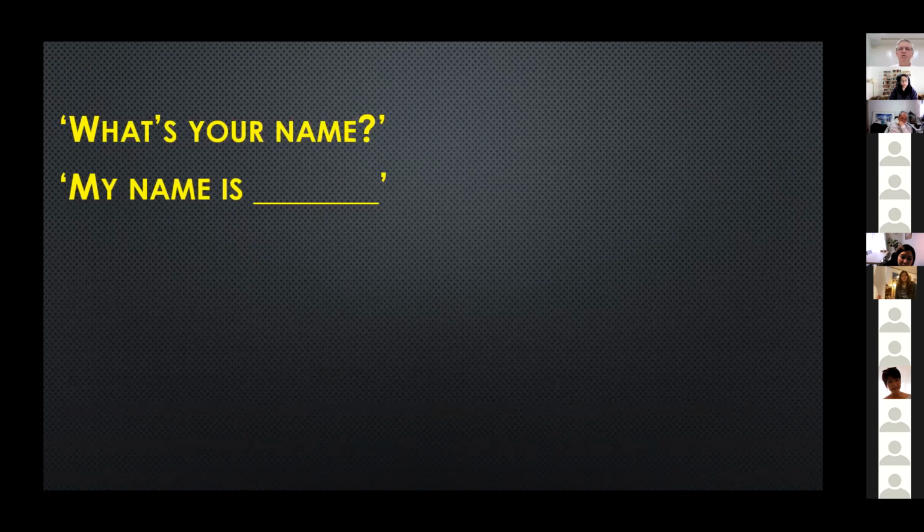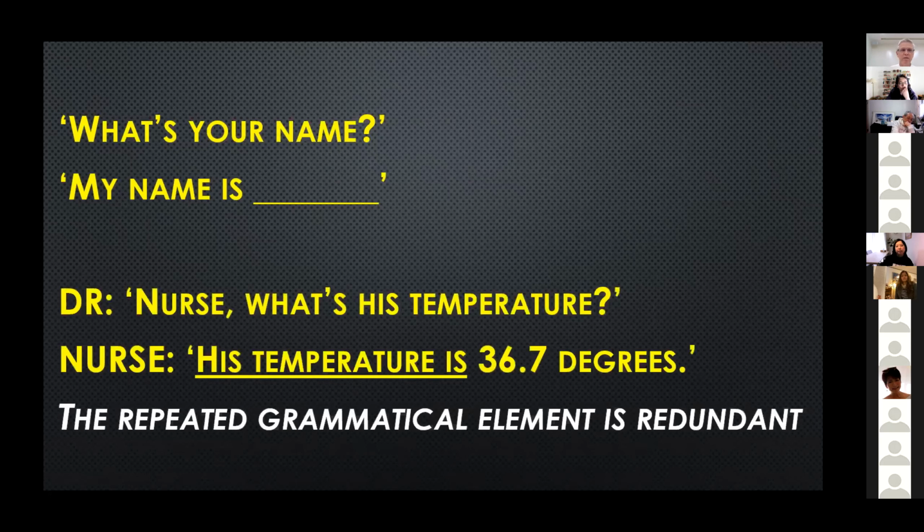So let me give you one that could really be problematic. Imagine the doctor here is doing very delicate brain surgery, and the doctor says, nurse, what's his temperature? And the nurse responds with, his temperature is 36.7 degrees. The doctor's thinking, well, just give me the information.